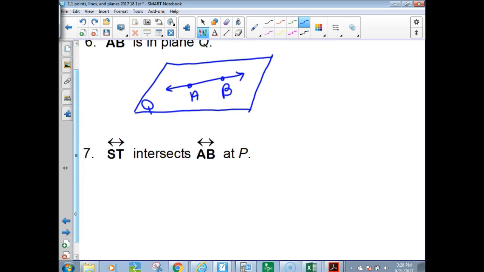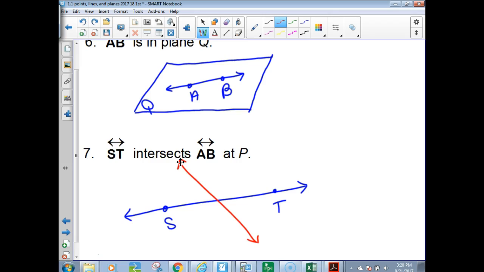Okay, now on 7, you've got to know how to read this. When you see the little symbol like there, you should be thinking line ST. So I'm going to right away make a line, put an S and a T on it. And it says it intersects line AB. So I need a line AB that does what to this one? Goes through, and in your words, you might say, cuts through it somehow.